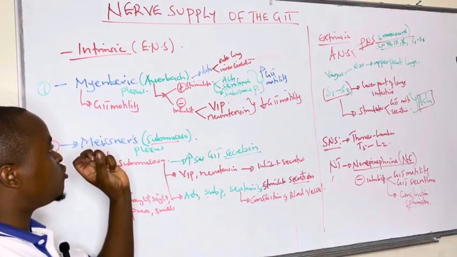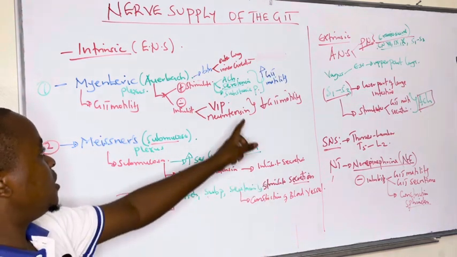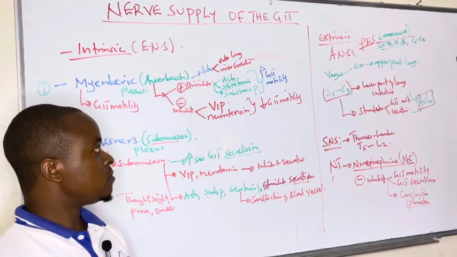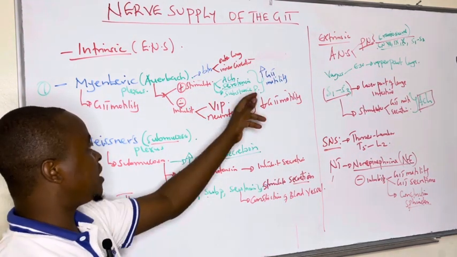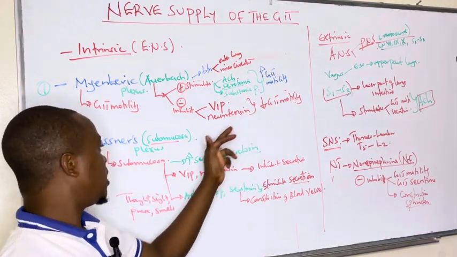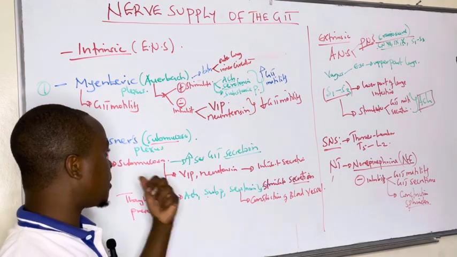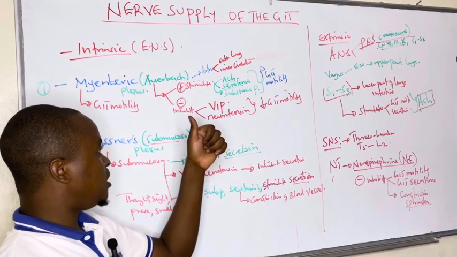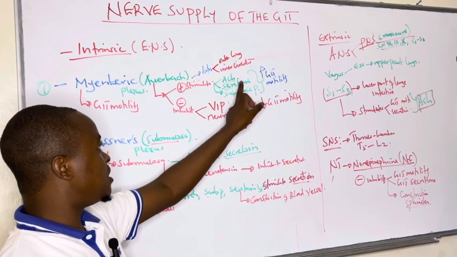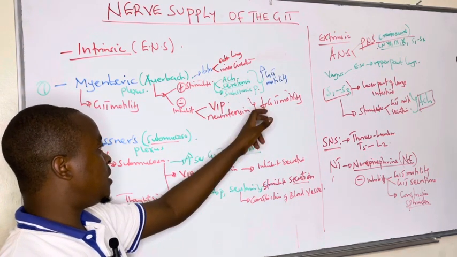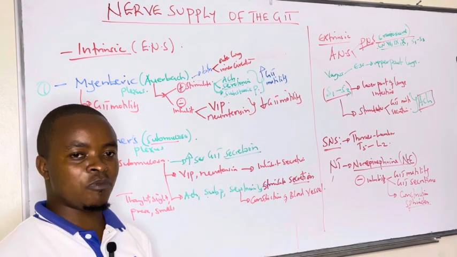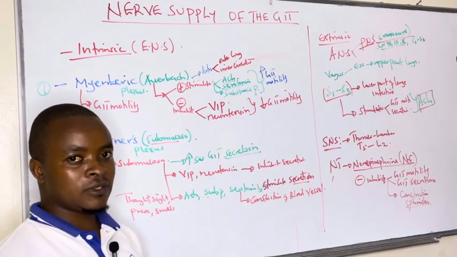The neurotransmitters which stimulate are acetylcholine, serotonin, and substance P. Myenteric does the major role of GIT motility, and submucosal handles GIT secretion, whereby stimulation is by acetylcholine, serotonin, and substance P, and inhibition is by vasoactive intestinal peptide and neurotensin.